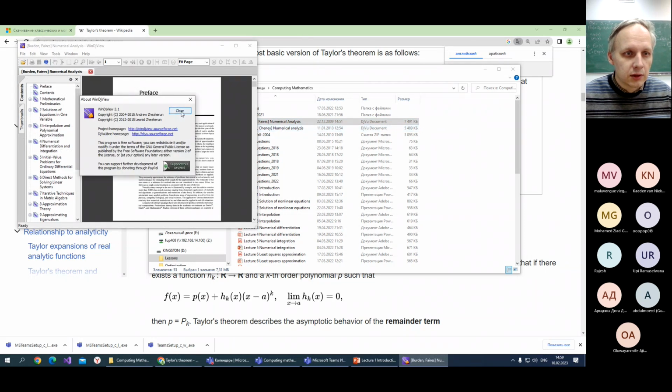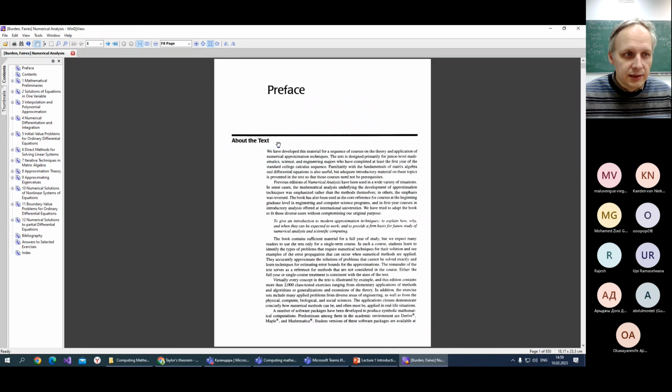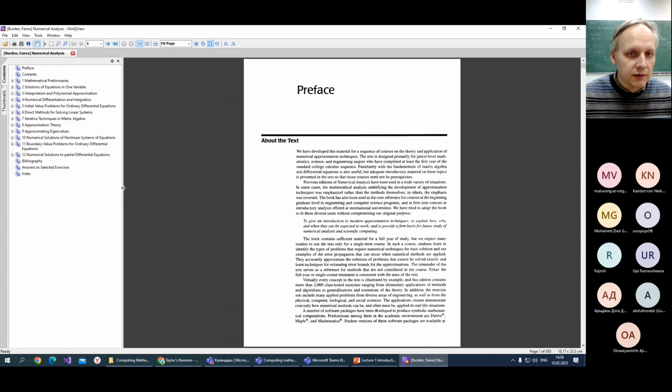The books on numerical analysis, and you can see the topics of these books. Of course here it's hard to see, but I think the students who connect online see it. The topics are more or less the same, corresponding to the topics of our lessons.